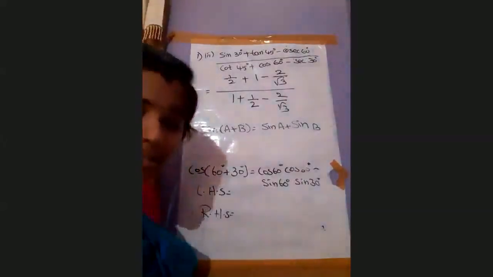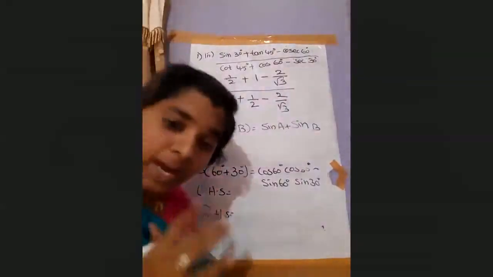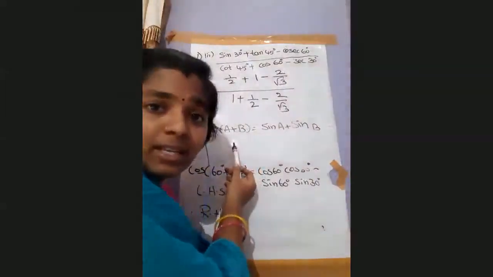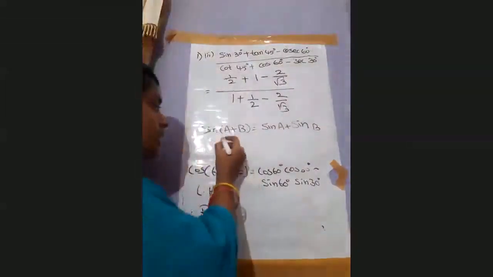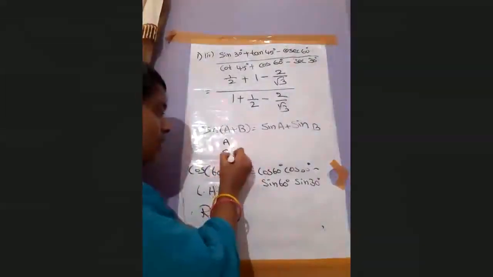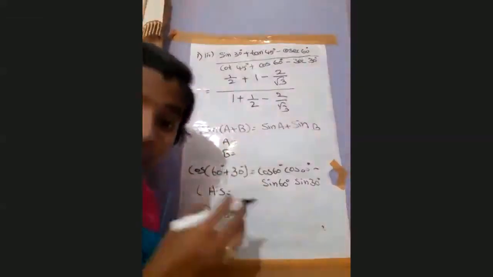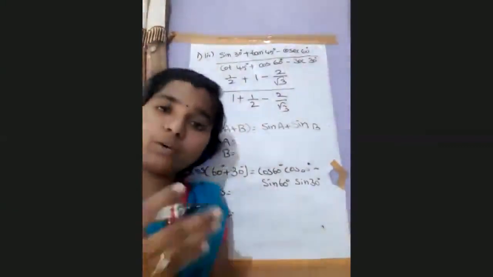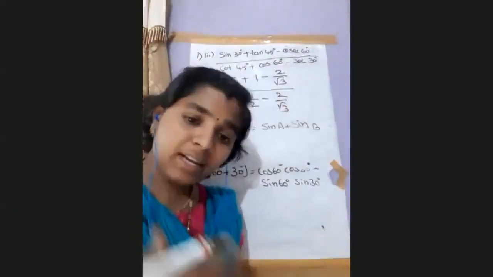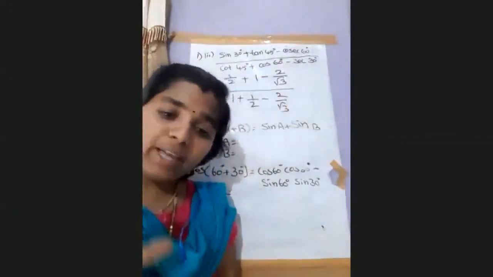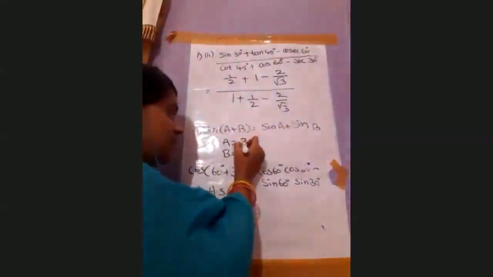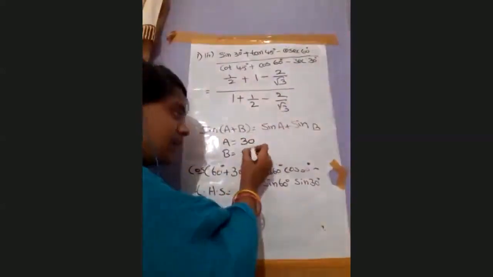Let us consider any values of A and B. Consider whatever values you like for A and B, right? We have specific angles: 0, 30, 45, 60, 90. From these five, as you wish, consider any values, 30, 45 or 30, 60.